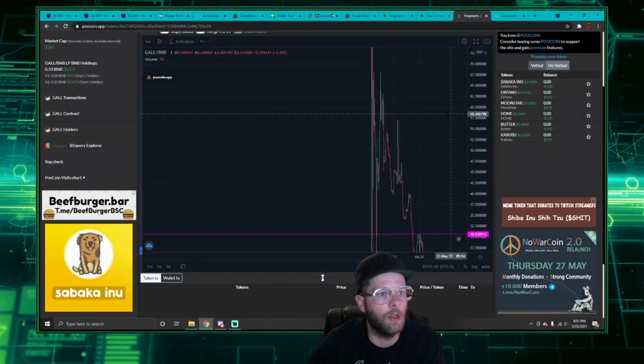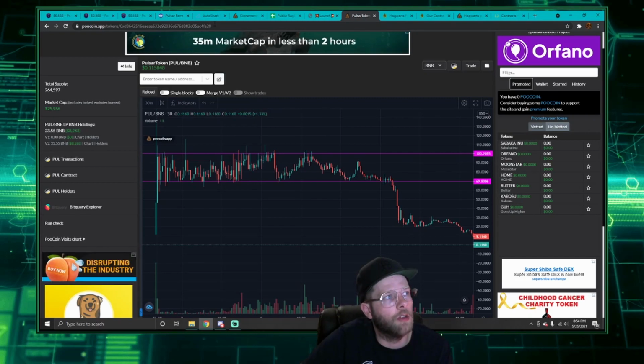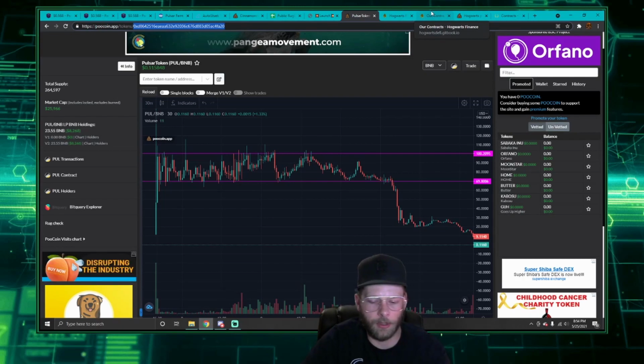One of the things I also wanted to bring up here was a little trick using this PooCoin thing. So if you look at this address here, this last part is the contract address. So remember when we had to copy and paste the contract address to get it into pancakeswap?